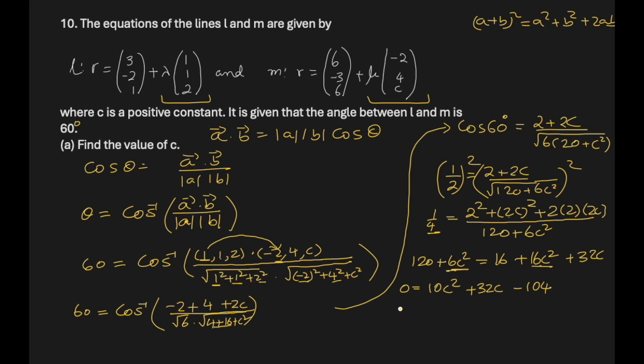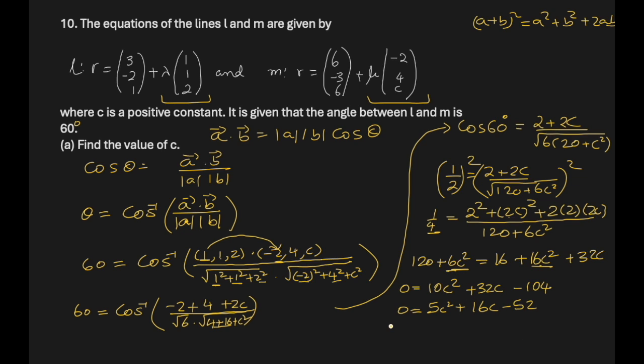Okay, so I can use my calculator or splitting the middle term. First of all, let me make this easier. So 5C square, I'm dividing the whole equation by 2, so it becomes easy for me. Okay, 52 times 5 will be 260, and 260 is 26 and 10.